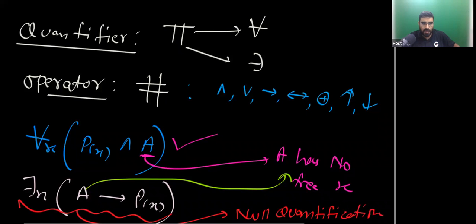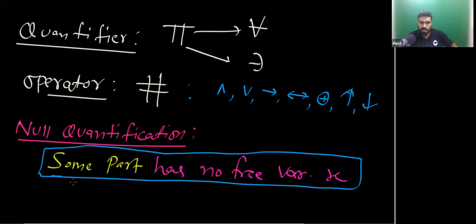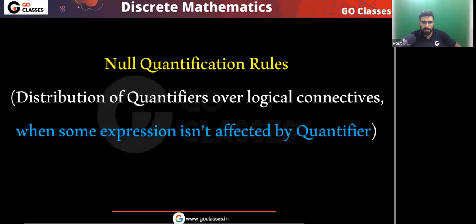Okay, some part has no free variable x. This is important. Clear? This type of expression will be called null quantification. So that's it.